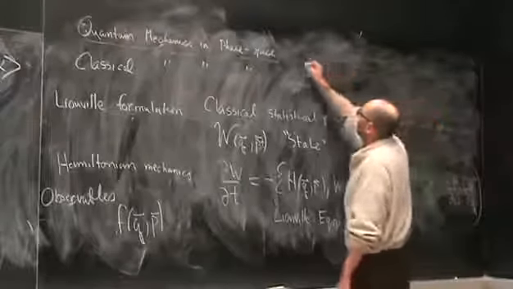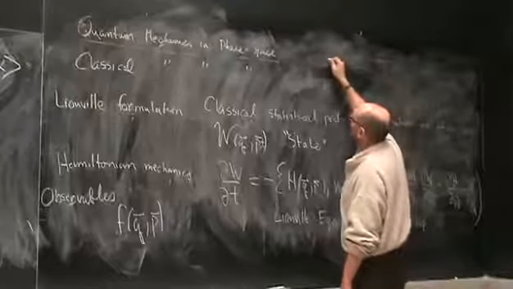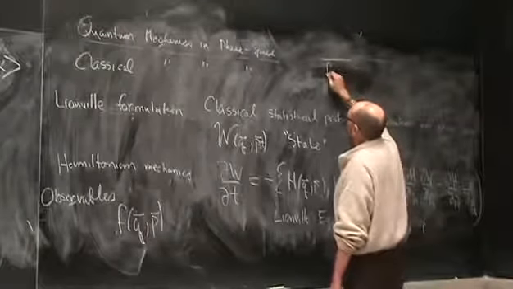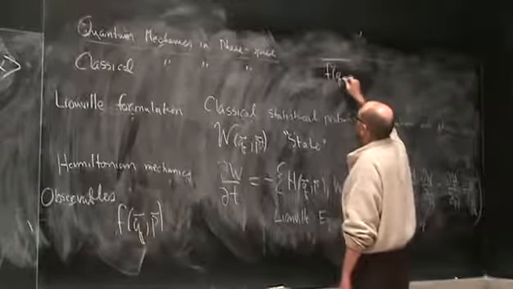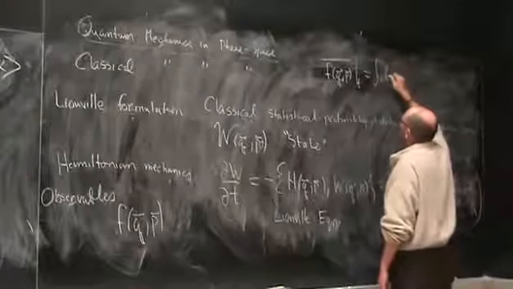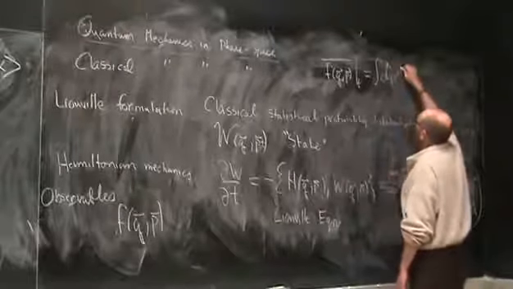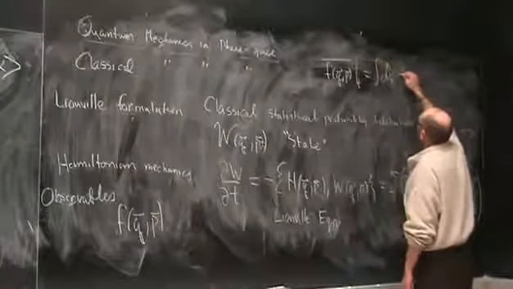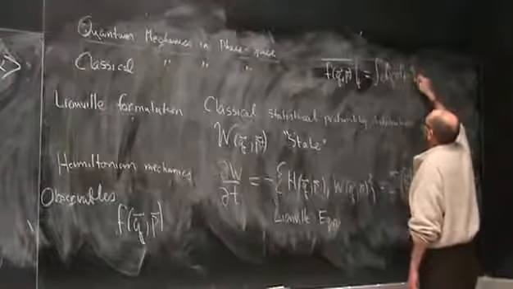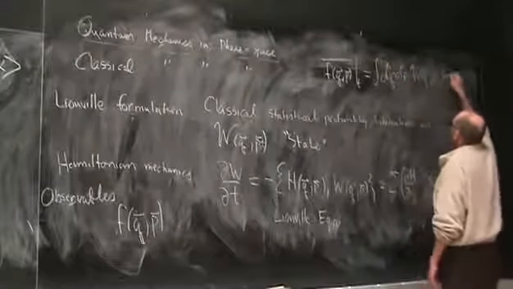And I could then ask, for example, what is the expected value I'll see for my observable at some time t, and that's the average over the distribution for the n degrees of freedom of the distribution on phase space times the observable.